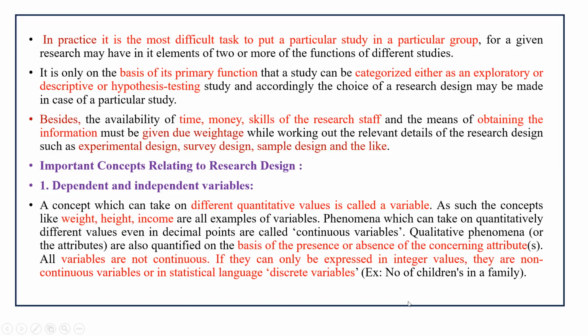For example, the number of children in a family. You always have to say one, two, three, four, five children, not 1.2 or 1.3. You cannot say that. So whenever discrete values are there, that is generally the qualitative phenomenon, and whenever continuous variables are there, that is the quantitative phenomenon.